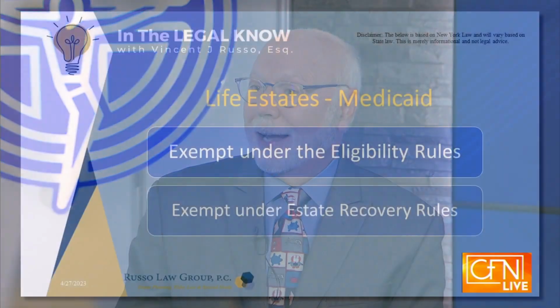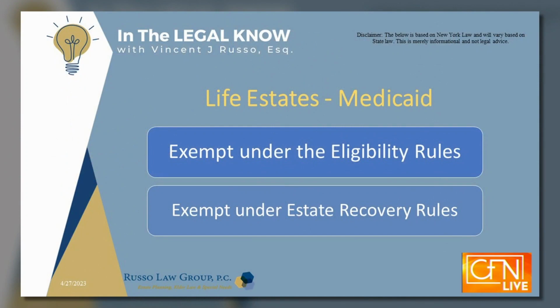Under the Medicaid rules, when you own a home, your home is exempt from Medicaid eligibility, which is really interesting, as long as you're living in the home or you intend to return home, in case you were hospitalized, for example. So there's no eligibility problem, but there's a recovery problem: when you pass away, Medicaid can make a recovery claim against the home.